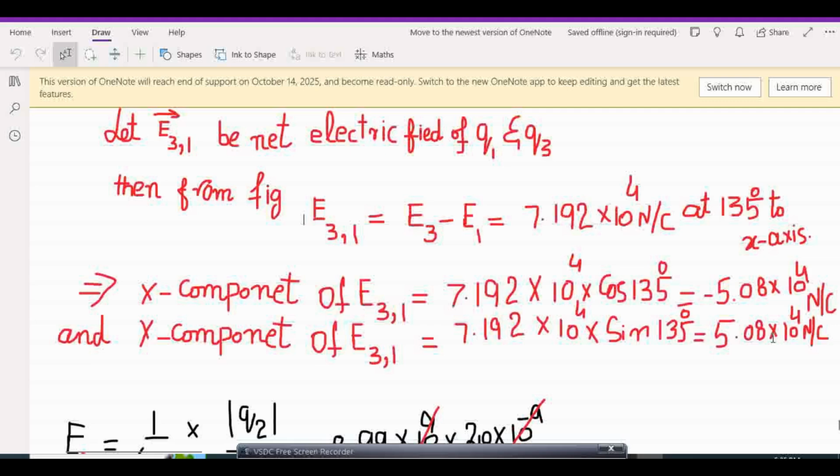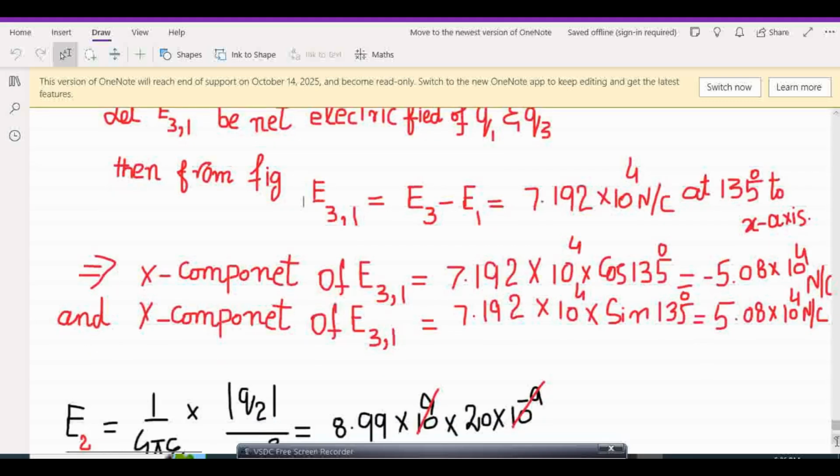If you want to write it in unit vector notation, you can write E31 in vector form equal to minus 5.08 into 10 power 4 Newton per Coulomb i plus 5.08 into 10 power 4 Newton per Coulomb j. It is not necessary to write it, because they only asked for the resultant of all four vector fields, so no need to write it. Okay, if you write it, it is okay.